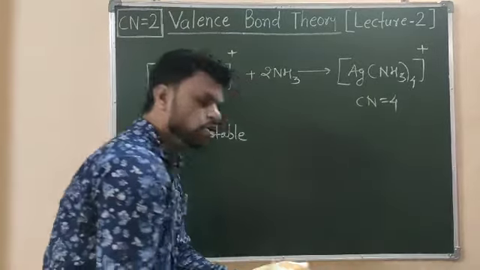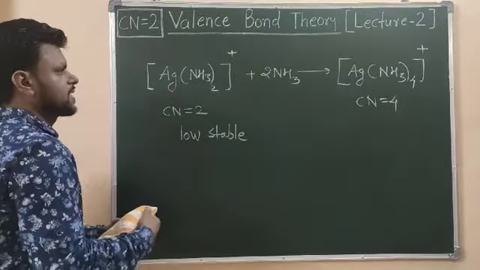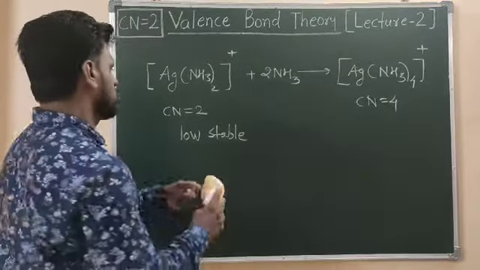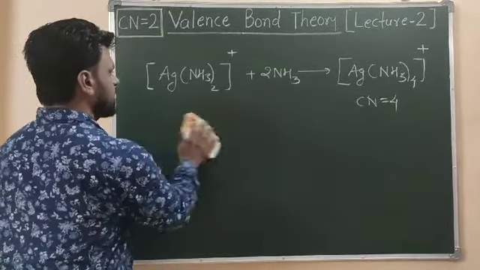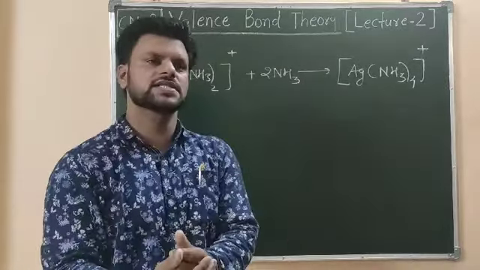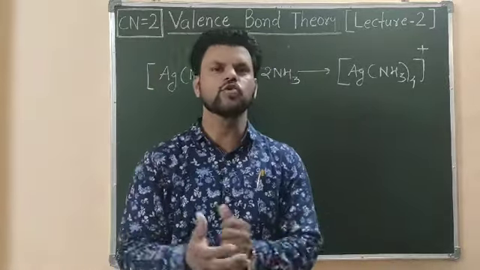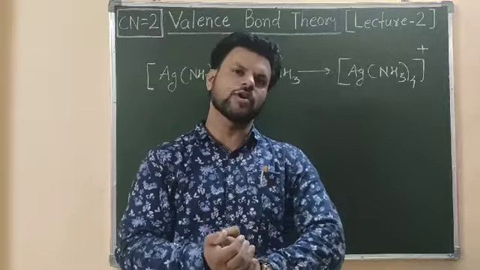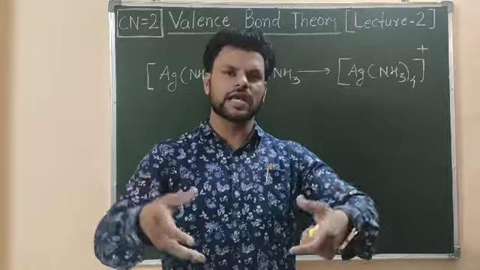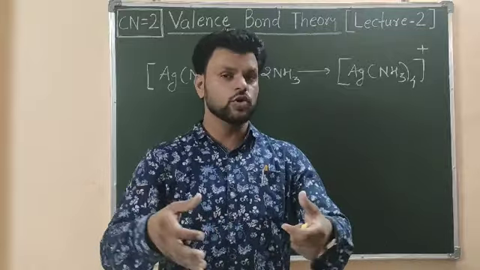Now I'm going to explain why such things happen and what the nature of the ligand should be if you want to get stable complexes. Various research studies have proved that bulky ligands help stabilize complexes in coordination number 2.